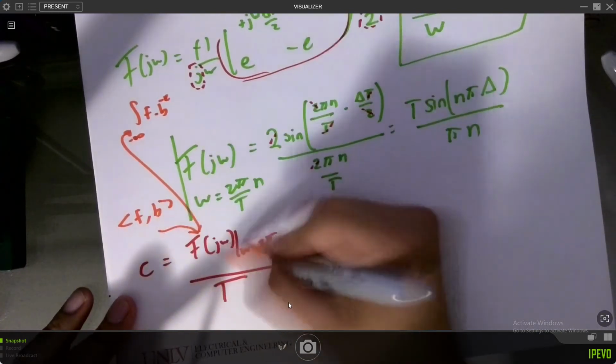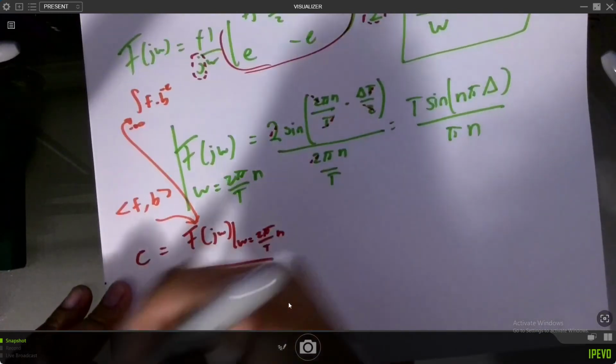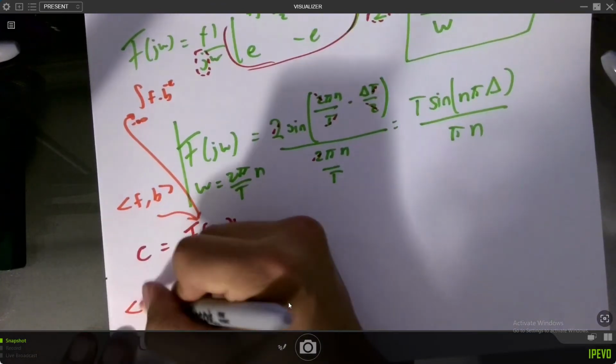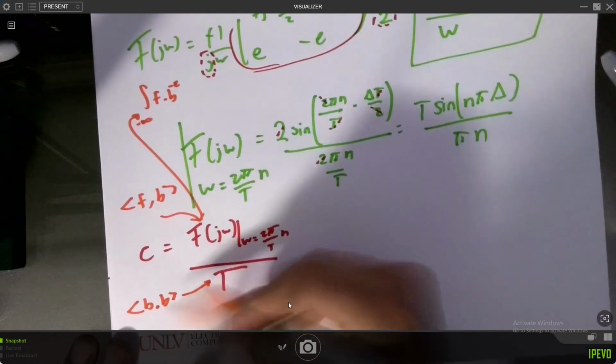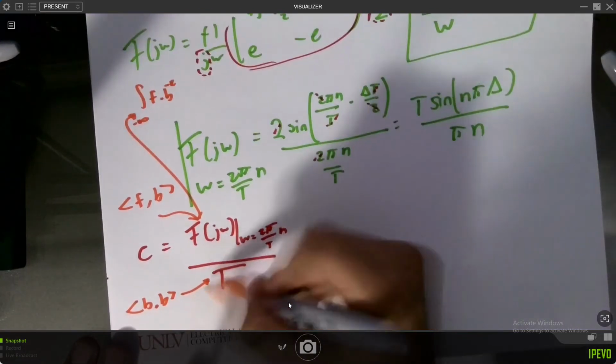This top right here looks like this, and then this bottom looks like the dot product of this, the inner product. I think that's what he calls it. So that's where this T comes from.